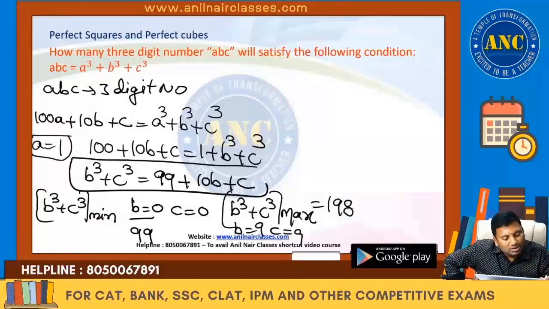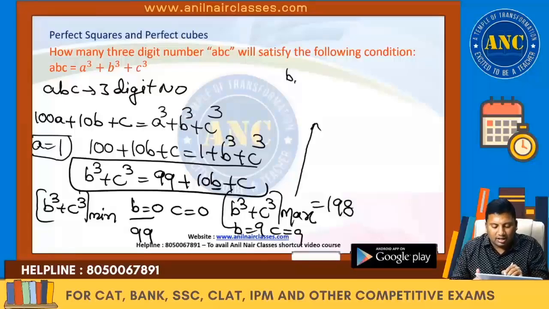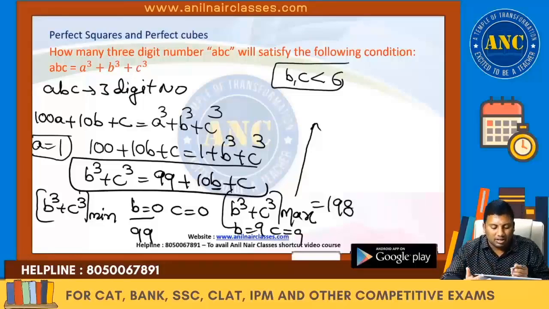From this equation, I can say that B and C will definitely be less than 6, because if I take 6 cube plus something, 216 plus something cannot be 198. B value cannot be 6.